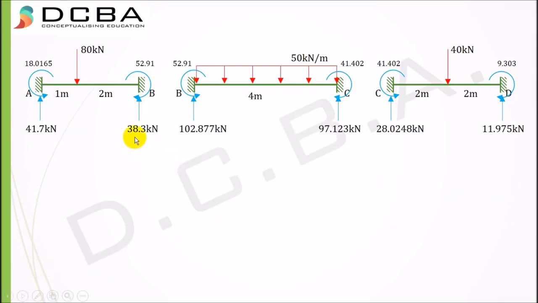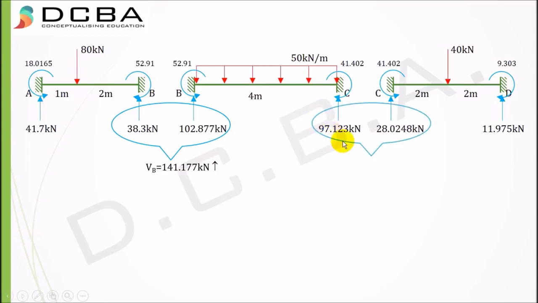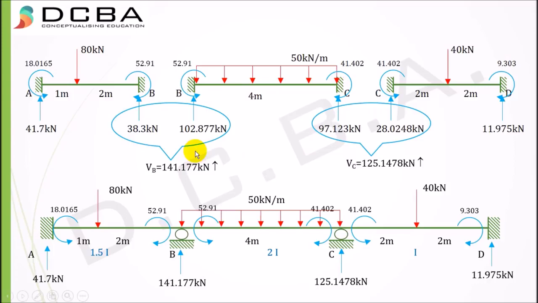Now we have two values for VB and two values for VC, because B is a common point in both segments, and C is a common point in these two segments. Hence we need to add these reactions. Summing them up, I get VB equal to 141.177 kilonewtons and VC equal to 125.1478 kilonewtons.